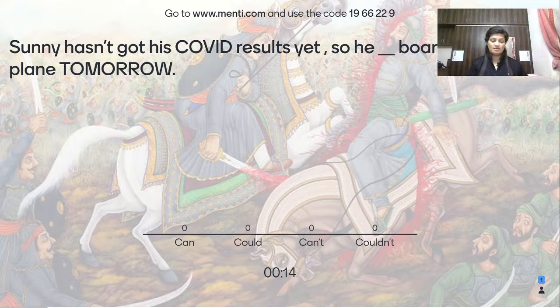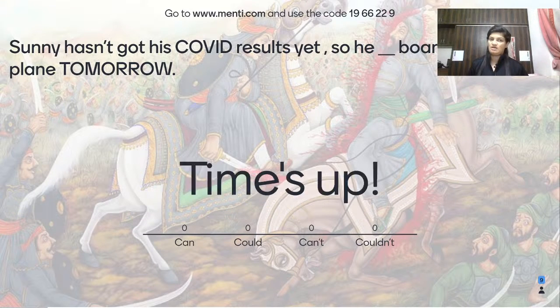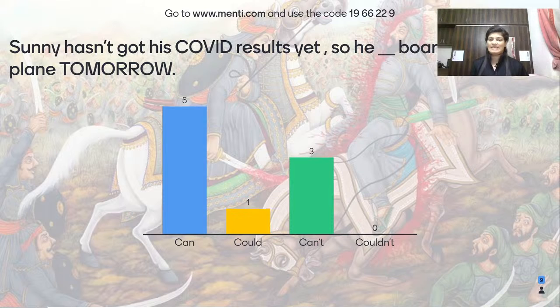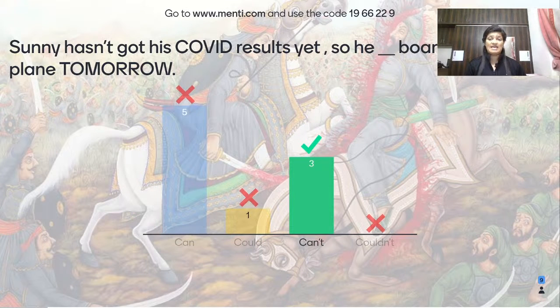Sunny hasn't got his COVID results yet, so he can't board the plane tomorrow.